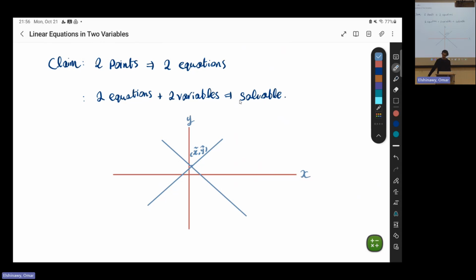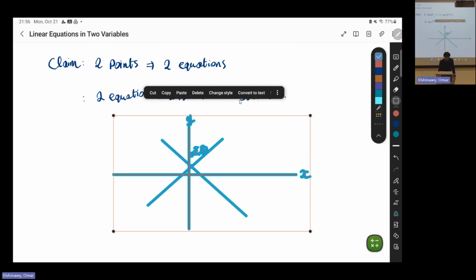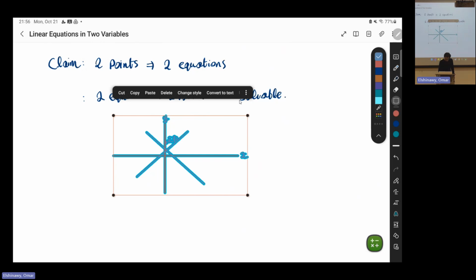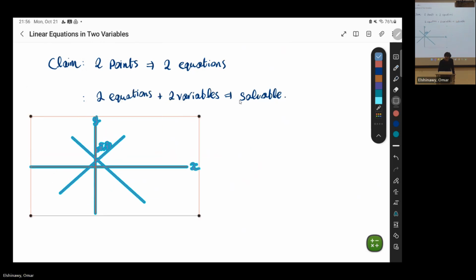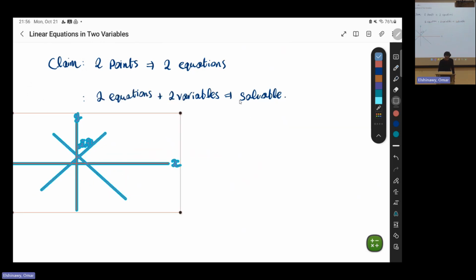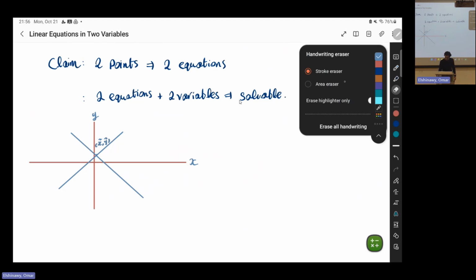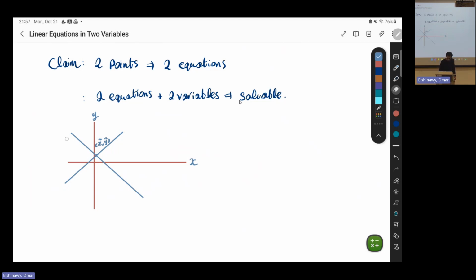The caveat is really just that the lines cannot be parallel, for example. This is a good visual image of why this is true. The goal of this very brief discussion is just to build your intuition. It doesn't have anything to do with the problem solving aspect of this exercise. So maybe I'll put this in a nice box and proceed.